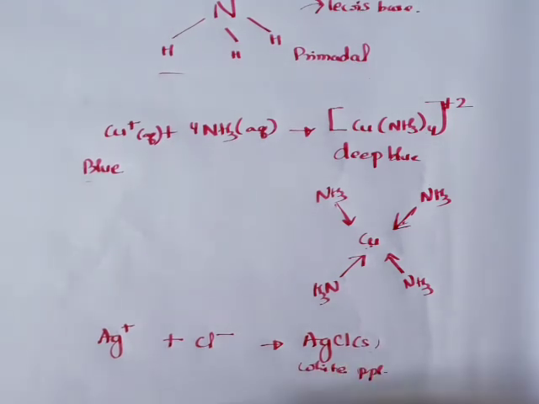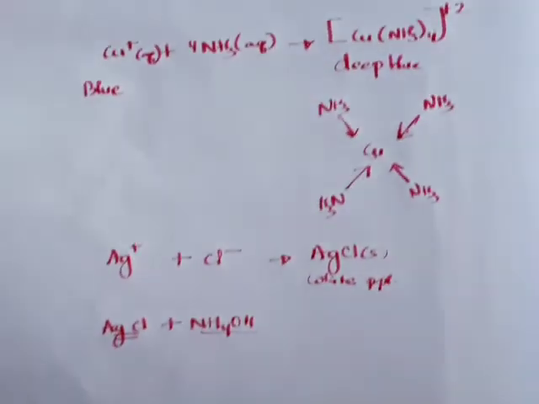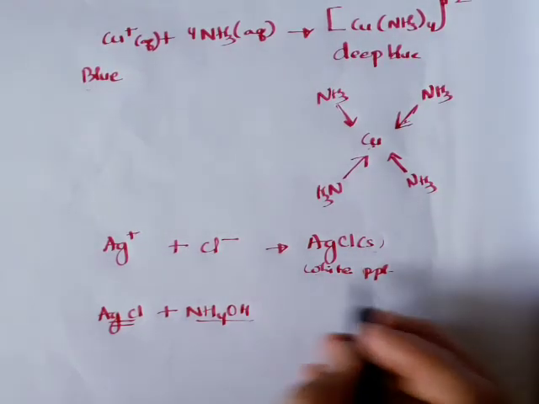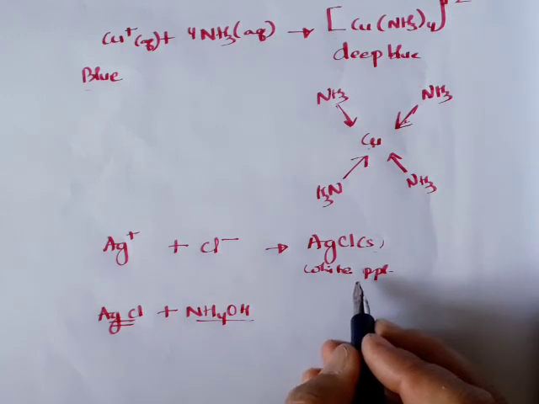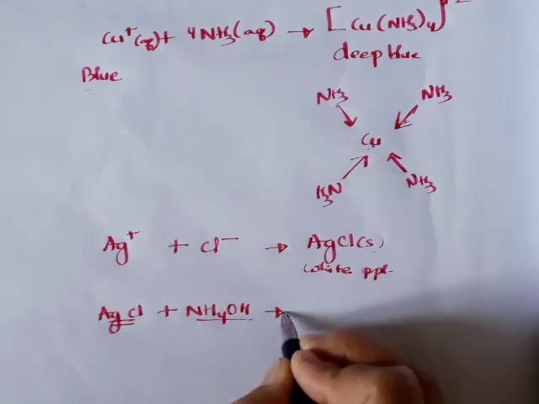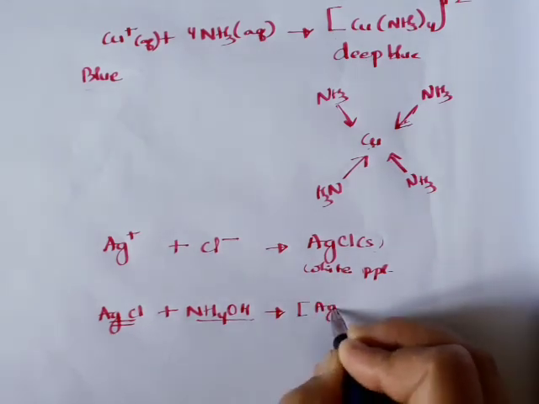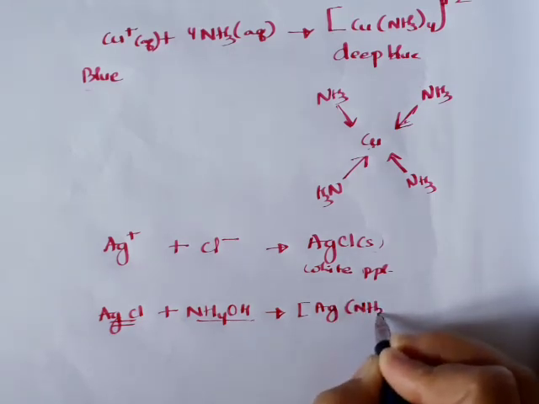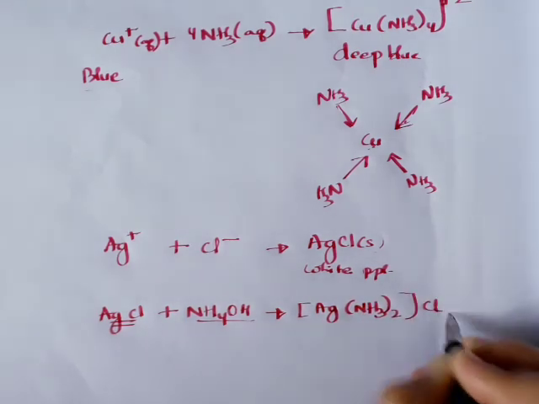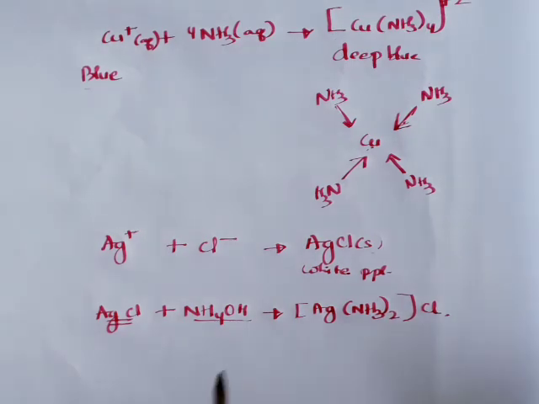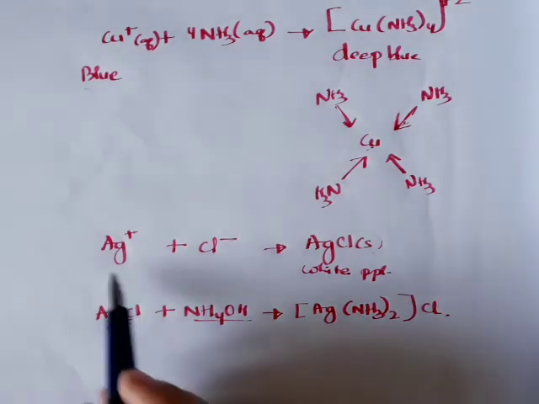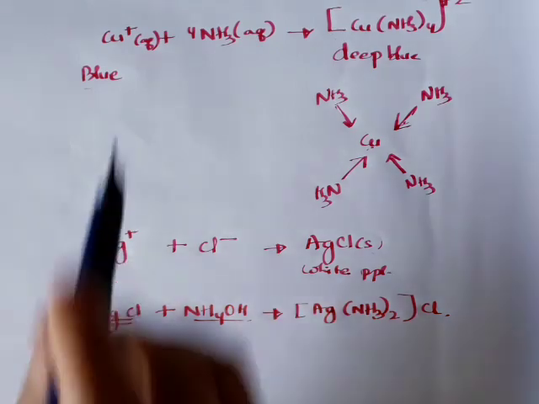Now when you add ammonium hydroxide, or aqueous ammonia, to it, this white precipitate will disappear. Why? Because of again the formation of a soluble complex. This is how one can detect the presence of silver ion or copper ion.